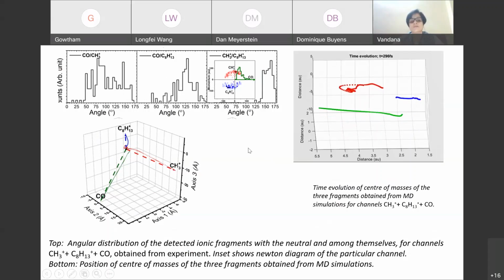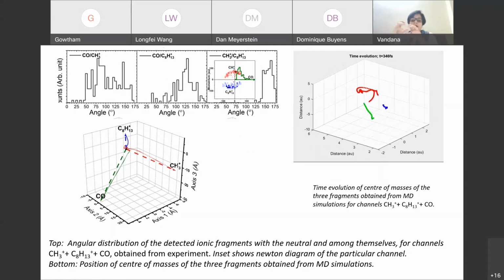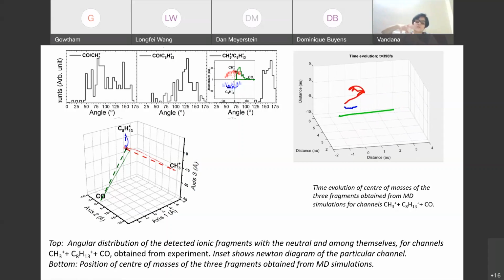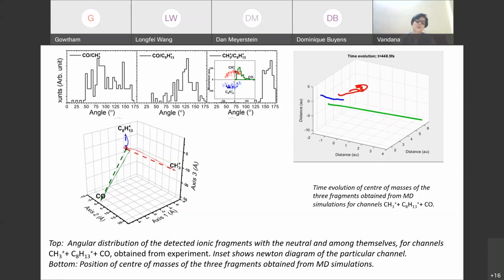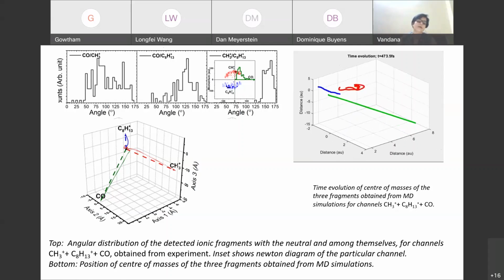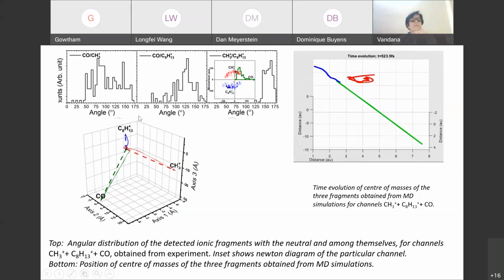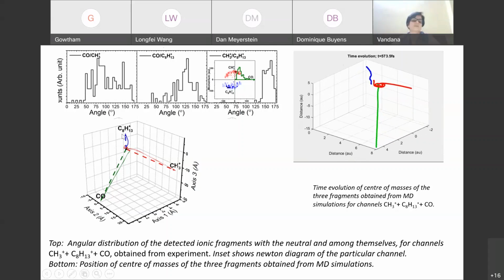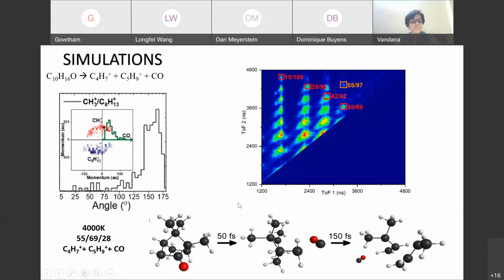So what essentially is happening right after the breakup? Right after the CO goes out, the whole molecular system starts to rotate, and after 290 femtosecond, this molecule breaks up. And when we draw the line with the center of mass of the molecular ion, we see that the angles are matching quite well with the experimental data.